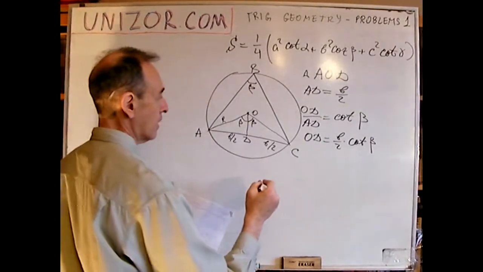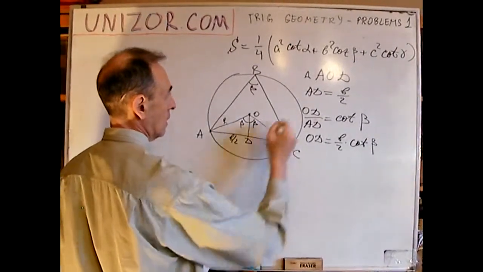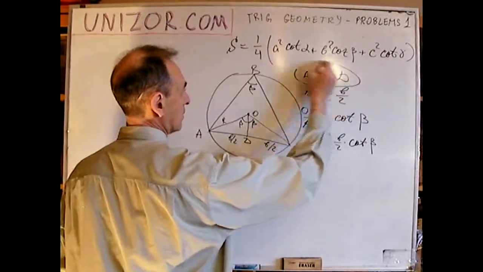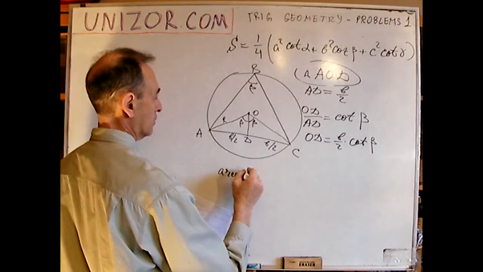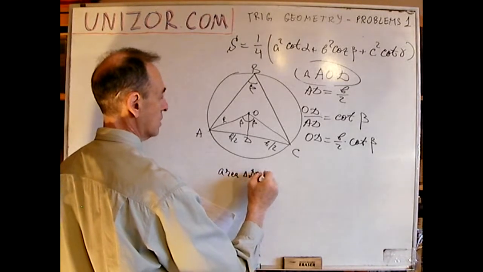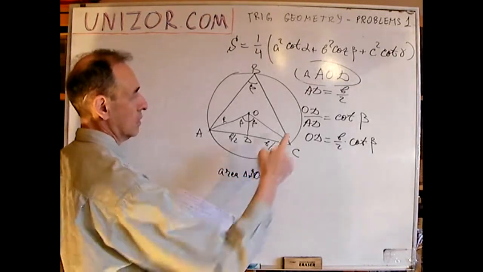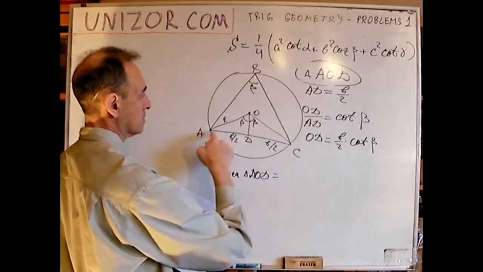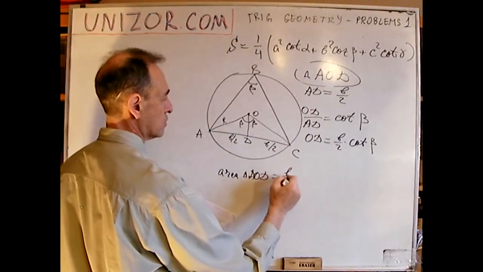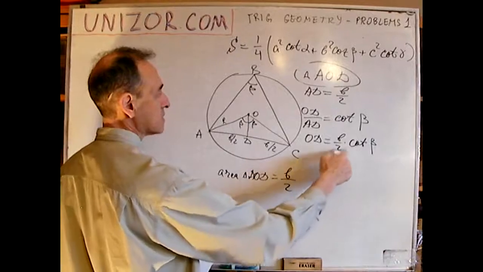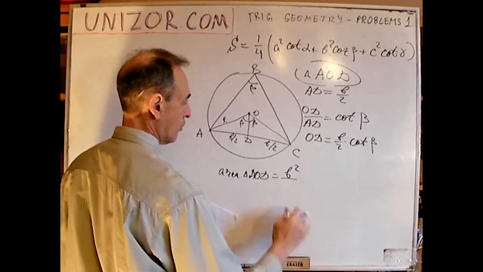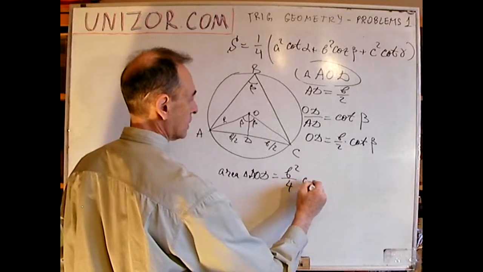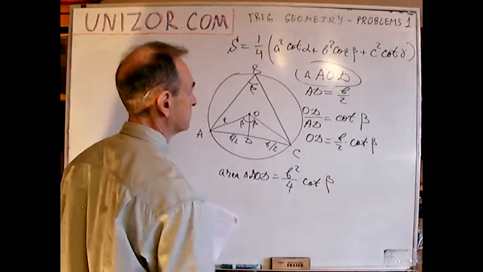So the area of this triangle, the area of triangle AOD is equal to one catetus, which is B over 2, times another catetus, which is B over 2 times cotangent beta, so B squared over 4 and cotangent beta.